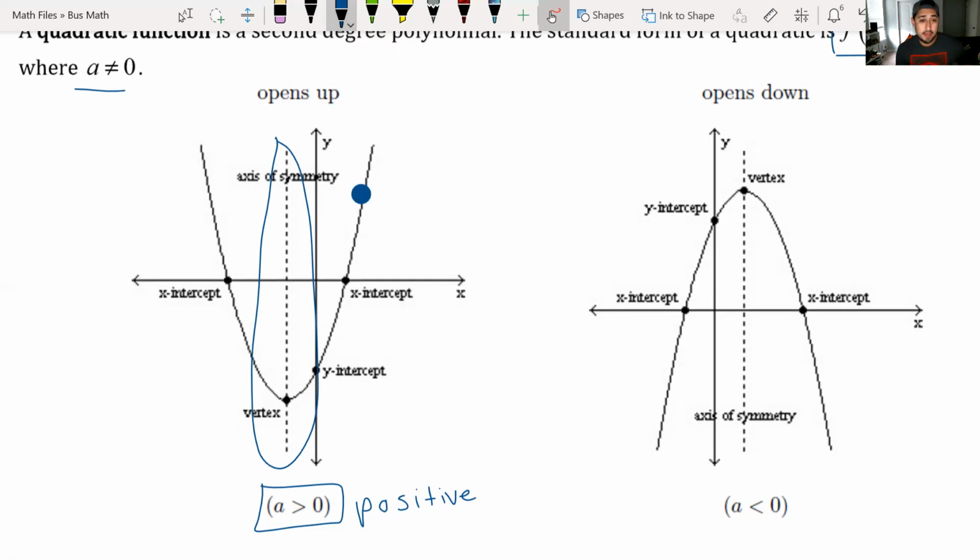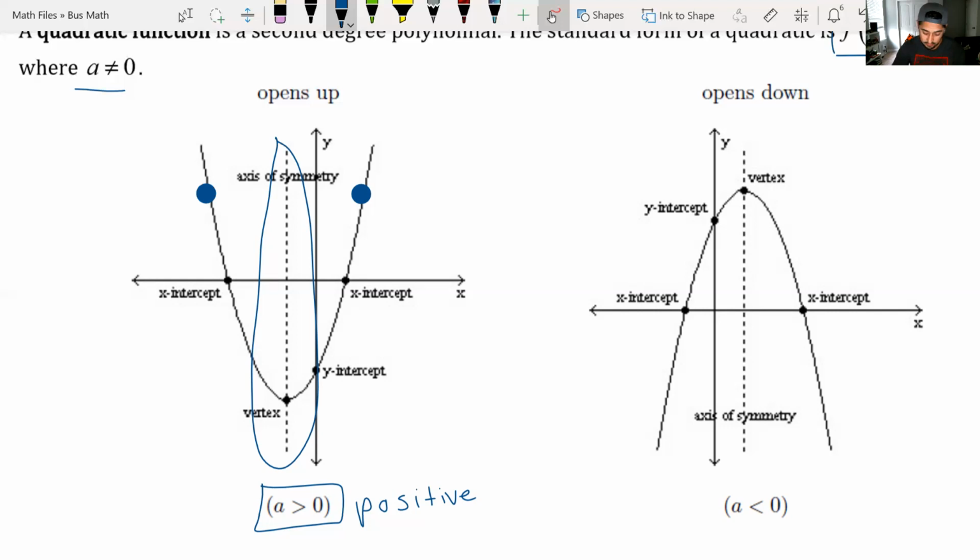Well, if I wanted to find another point, all I would have to do is take this point and reflect it across the axis of symmetry. And there you go. You have your points. So as long as you have 3 points, one of those points including the vertex, you can graph your function. And these graphs are called parabolas.